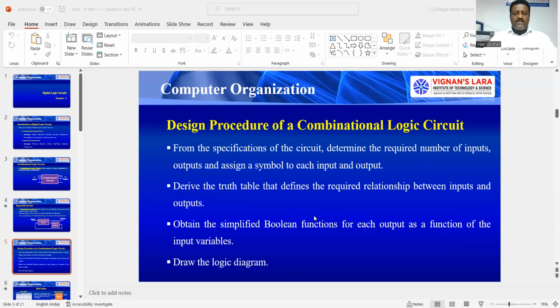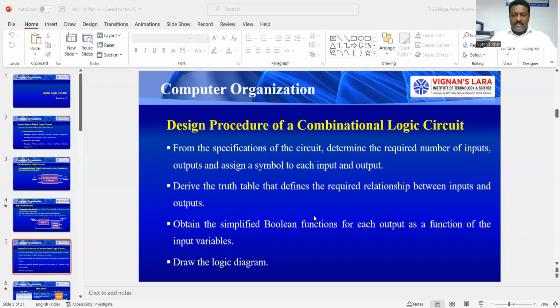Coming to the third step, once we get the truth table of the digital logic circuit, we have to get the simplified Boolean expressions, by first writing the Boolean expressions from the truth table, and later simplifying them with the help of simplification methods: either applying Boolean algebra theorems, properties, laws, or using a K-map, or a tabulation method.